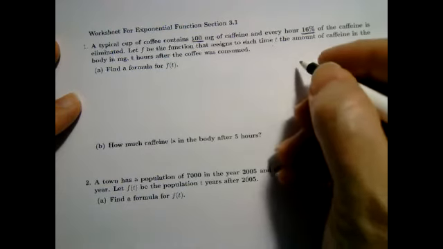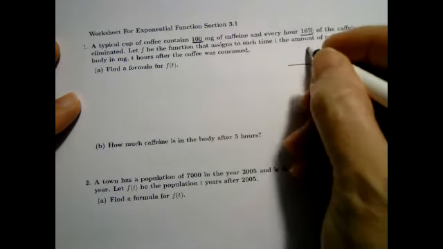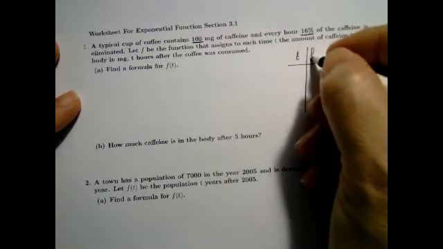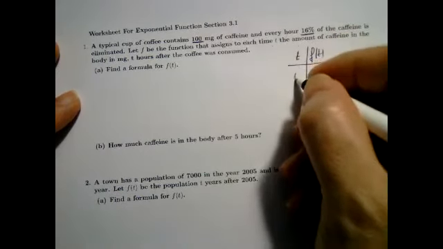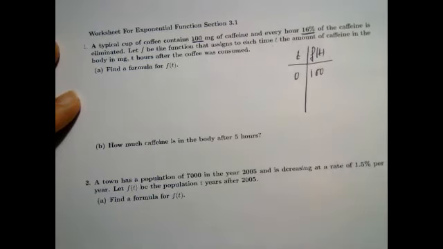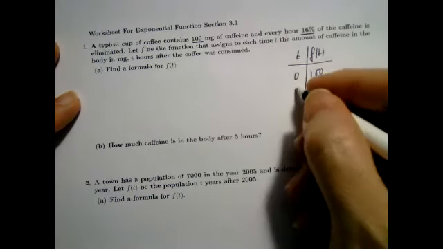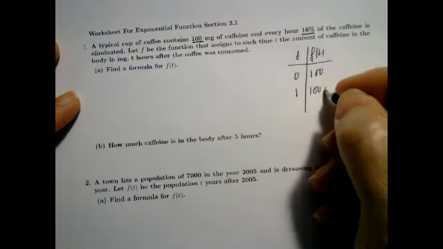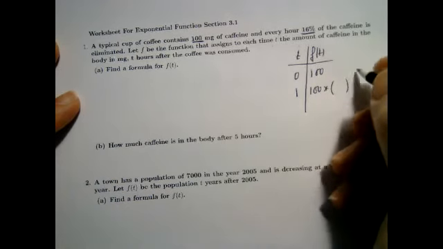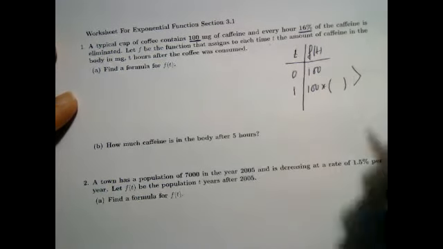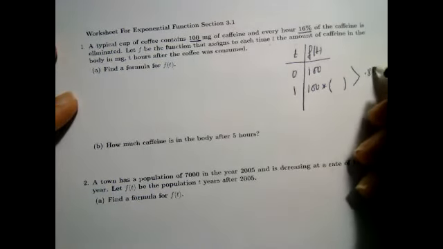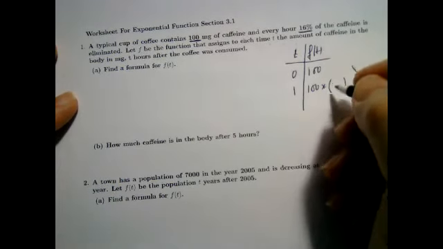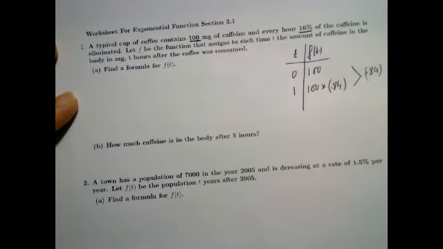So whatever you start with, I'm not going to make tables anymore because that's the point, is not to avoid those tables. So this is the time, and initially you start with 100. And every hour you're going to lose 16%. So every hour, if you lost 16%, it means you have basically 84% of what you started with. That's really the idea. That's what's happening every hour.